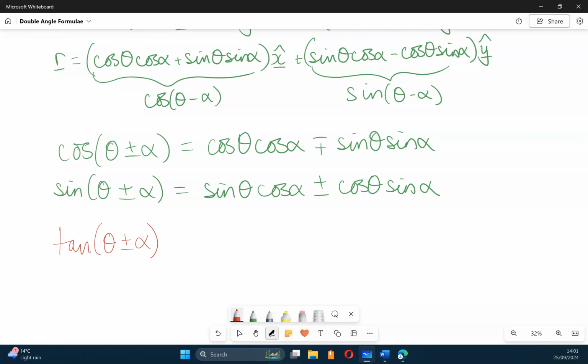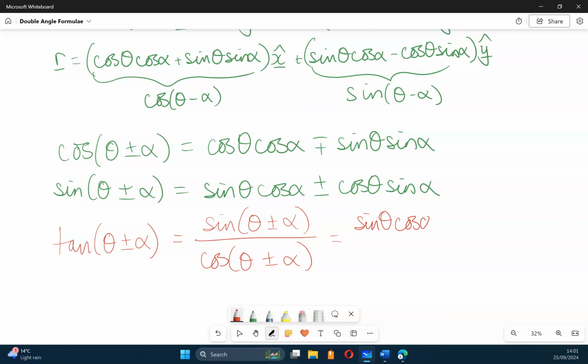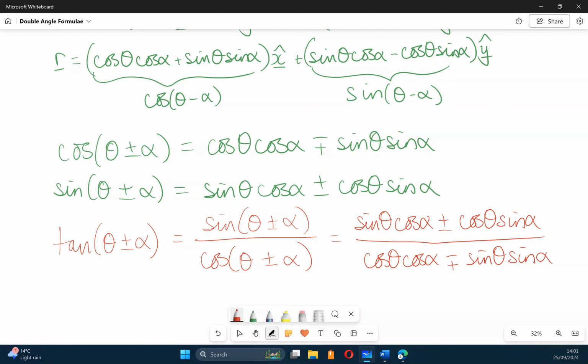It would be tan of theta plus or minus alpha equals sine of theta plus or minus alpha over cosine of theta plus or minus alpha, using the definition of tan or its relation to sine and cosine. So this would be sine theta cosine alpha plus or minus cosine theta sine alpha over cosine theta cosine alpha minus plus sine theta sine alpha.